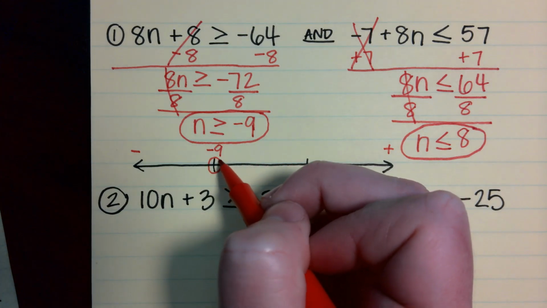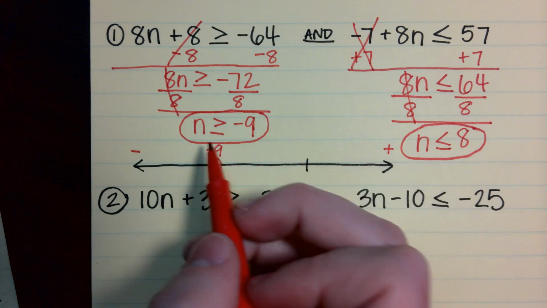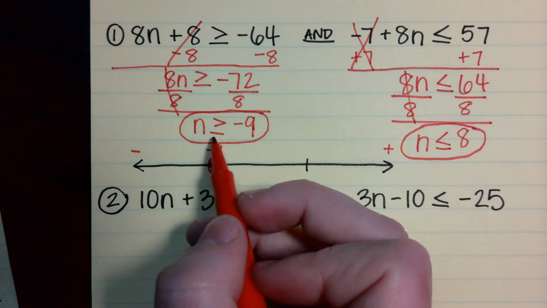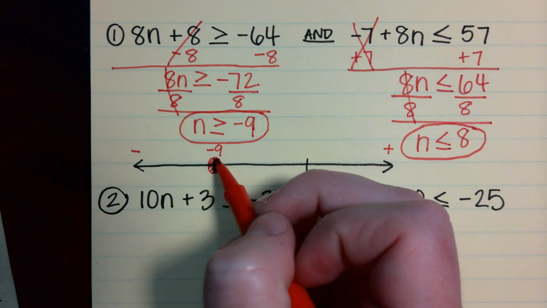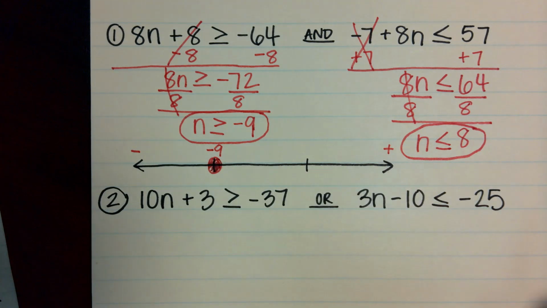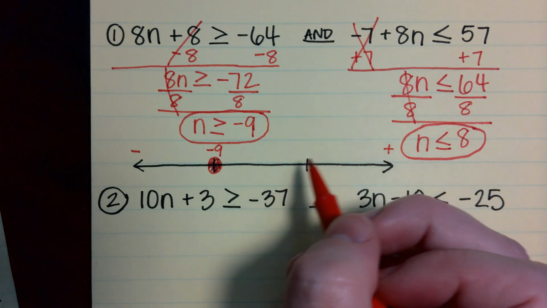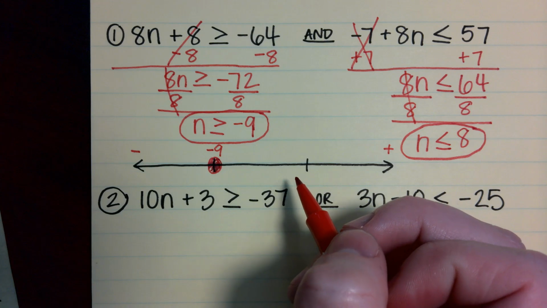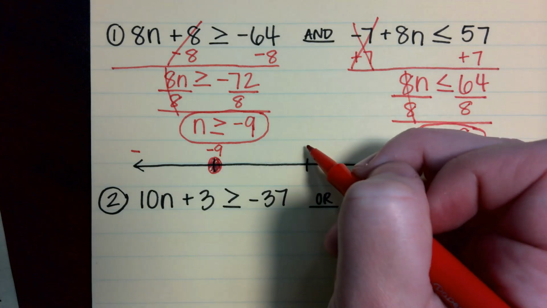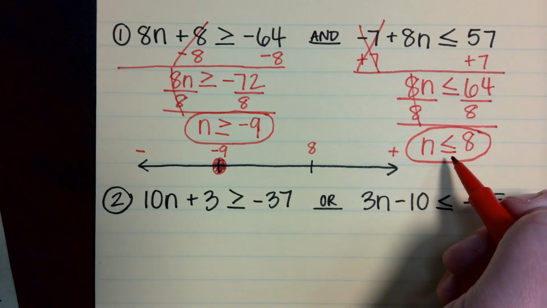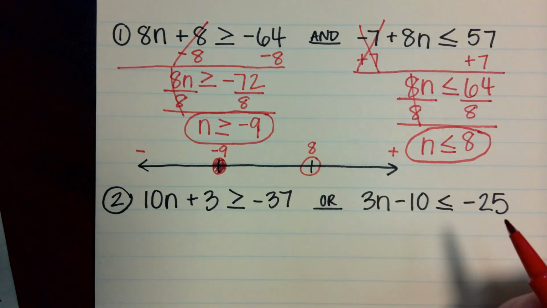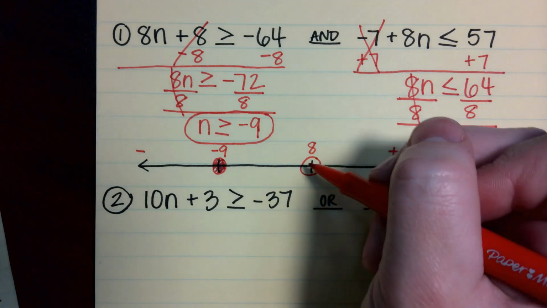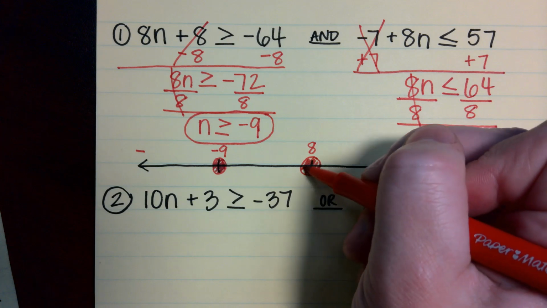We're going to shade -9 in because n is greater than or equal to -9. So we want to include -9 in our answer. And what do we write on the second tick mark? 8. Good. It says n is less than or equal to 8. So do I shade my circle or not? You do. 8 is included.